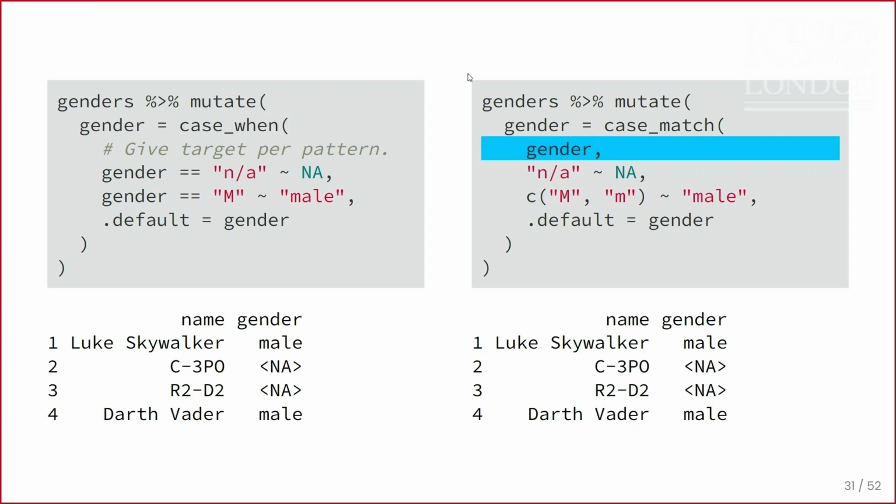You can specify a vector of values, so both uppercase and lowercase m are going to be replaced with male, and likewise for female. Unfortunately, the only downside to this approach is that it doesn't cater for regular expressions. So you can't put a regular expression into the left-hand side of any one of these formulas. If you want to use a regular expression, well, then you're kind of stuck with case when. But they're both good options for dealing with these kinds of data issues.